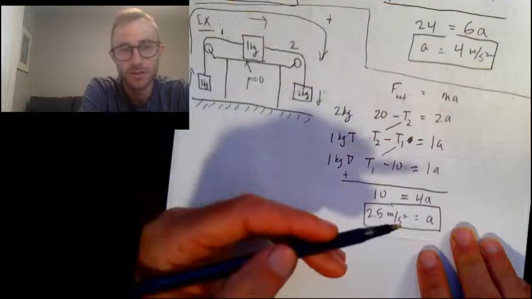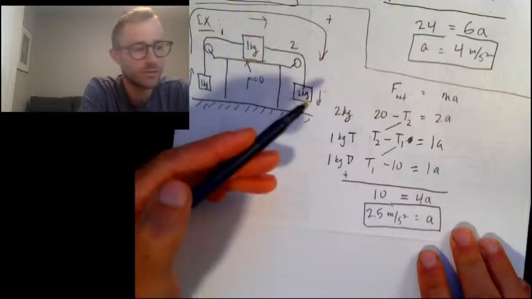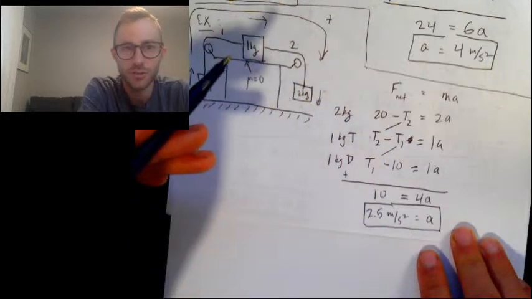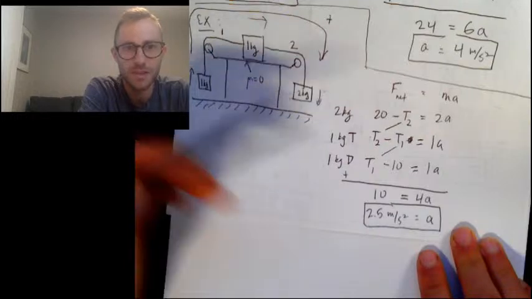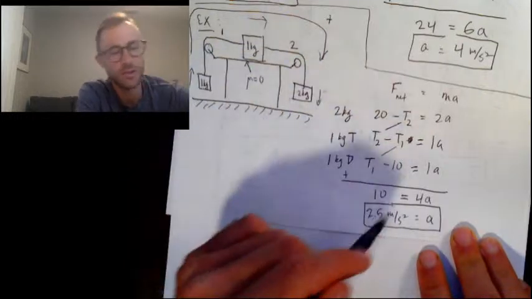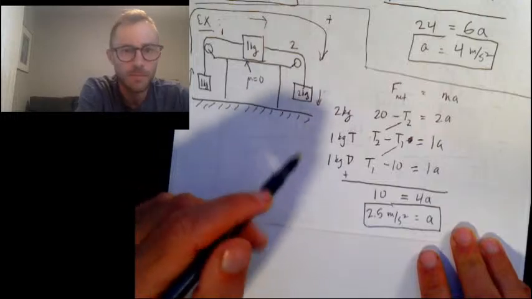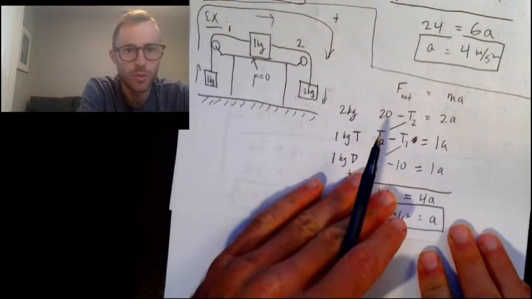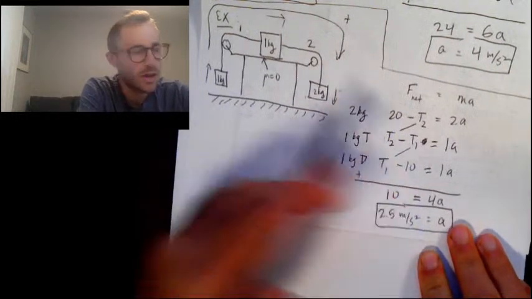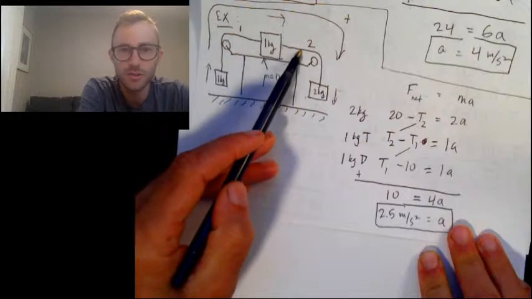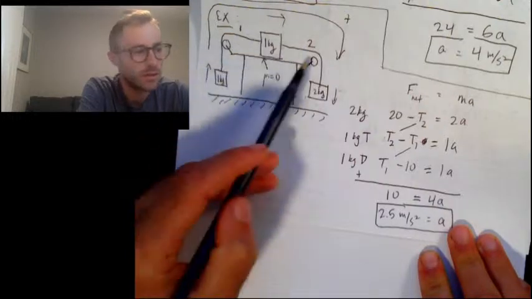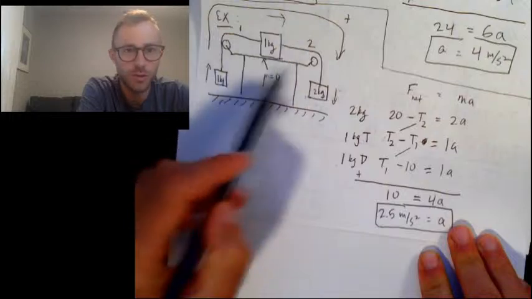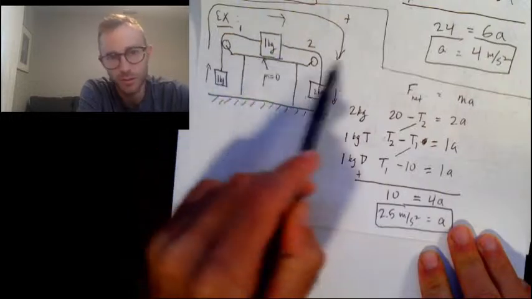You could never get an acceleration greater than 10 meters per second squared, because gravity causes an acceleration of 10 meters per second squared. Another thing is, once I solve for the tensions, I had better have that tension 2 is bigger than tension 1, because the net force on this 1 kilogram mass had better pull it to the right.